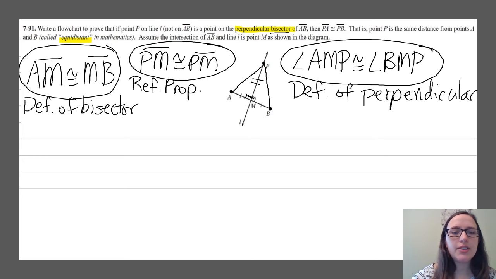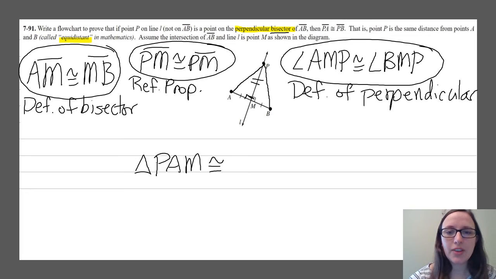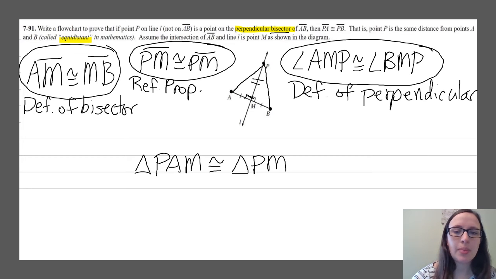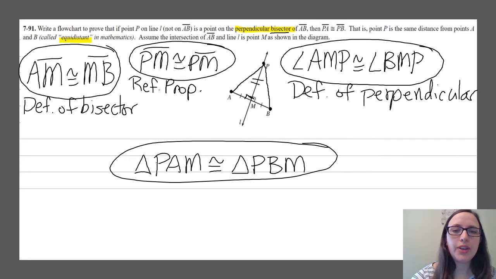All right, and now we can say that the two triangles are congruent to each other. So I'm going to use triangle PAM is congruent to triangle PBM. I always like to make names if I can. All right, and then we'll circle that, and we know that by side, angle, side.